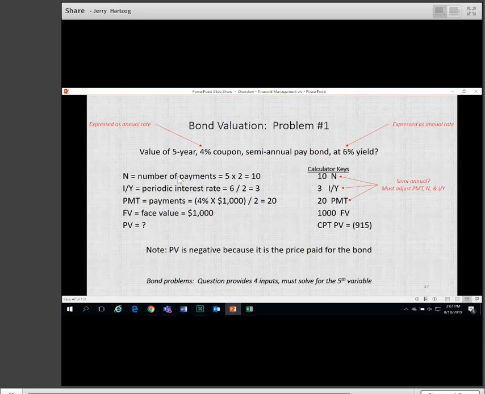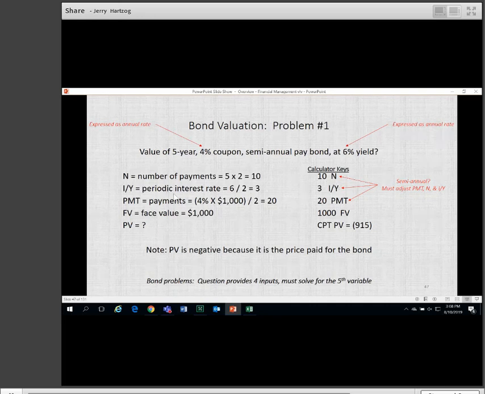Now, N is a number of periods, and since we have 5 years and we have 2 payments per year, we'll multiply 5 times 2, we get 10, and 10 will be the value of N. Now, this column here are the exact calculated keystrokes you follow in order to solve the problem. You type in 10, then you hit the N button.